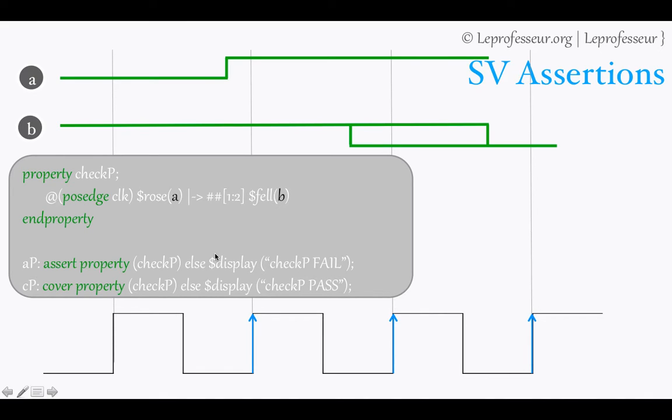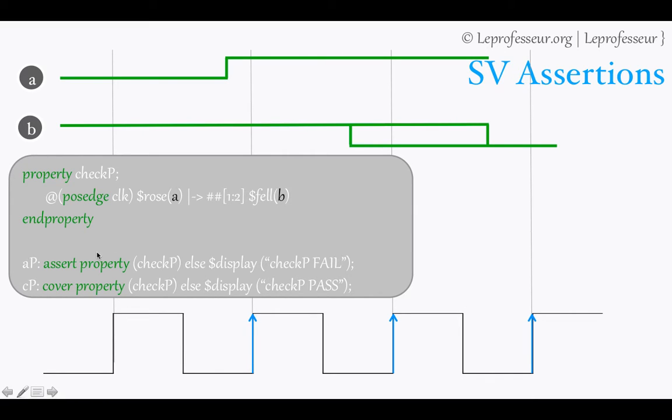Now, it may also happen that your stimulus may not trigger that particular behavior. You want to confirm that your test cases have covered all the properties, or check whether any property is untested by your test cases.